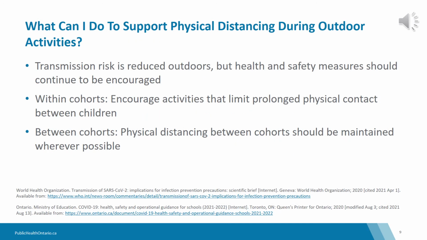What can you do to support physical distancing during outdoor activities? The risk of transmission is reduced outdoors, but health and safety measures should continue to be encouraged. Consider activities such as nature or scavenger hunts, hide and seek, tag, and obstacle courses that can occur outside.